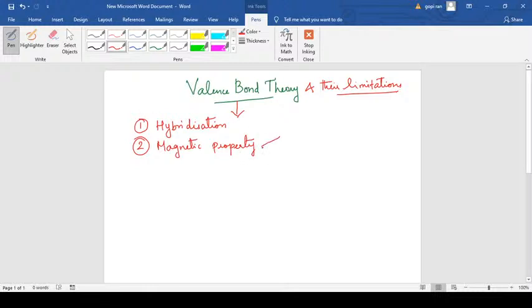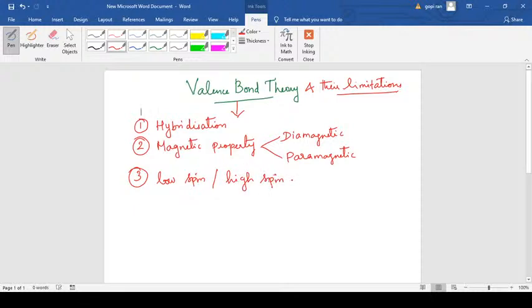Magnetic property means whether it is diamagnetic or paramagnetic. And the third thing is whether it is a low spin or high spin complex.